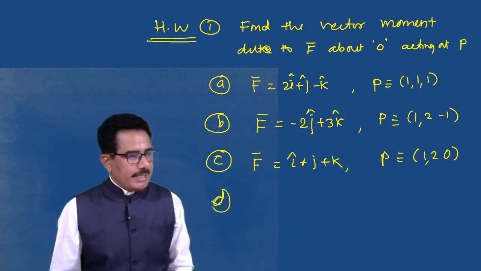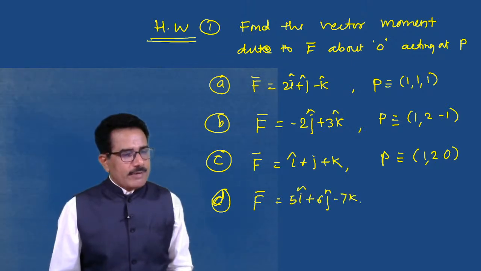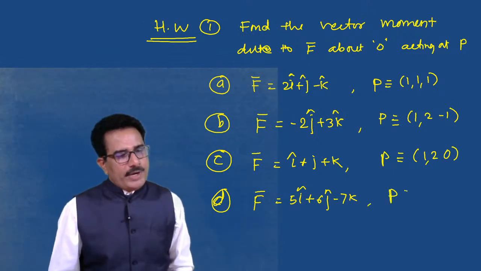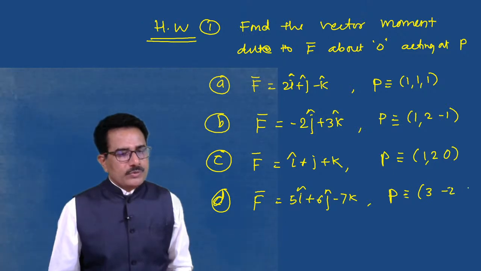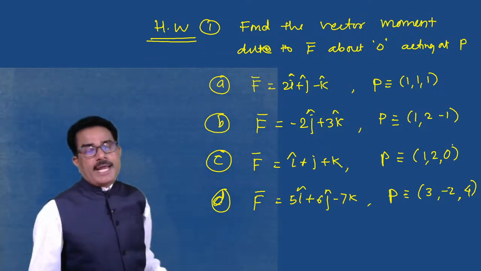See, the next one: F bar is equal to 5i plus 6j minus 7k and the point of application is 3 minus 2 4. Okay, so you have to solve these 4 problems.